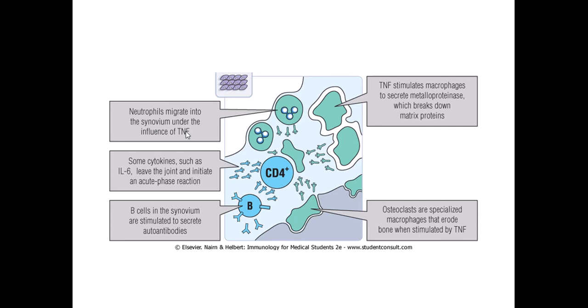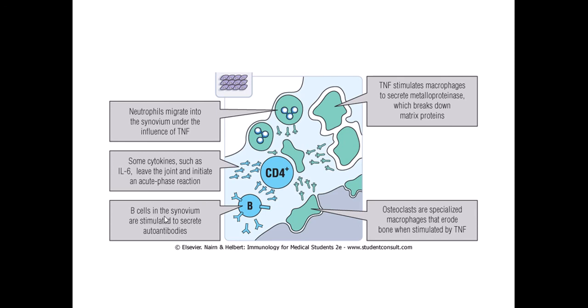Remember, the monoclonal antibodies that we use against tumor necrosis factor help in the treatment a lot. And then some other cytokines, such as interleukin 6, as we said, leave the joints and initiate an acute phase type of reaction.